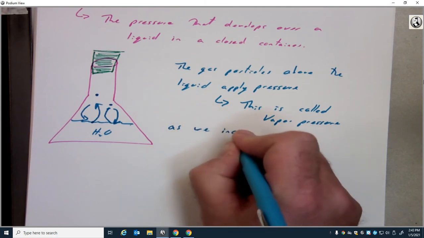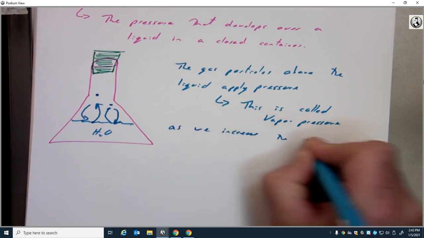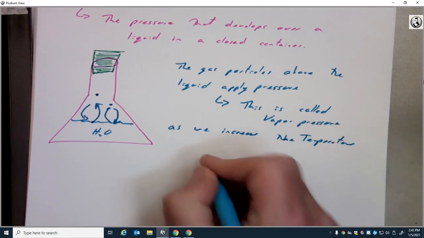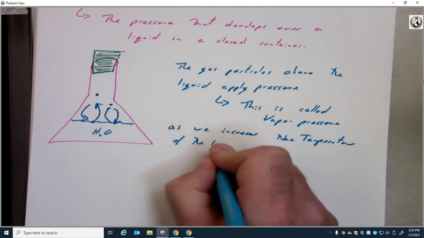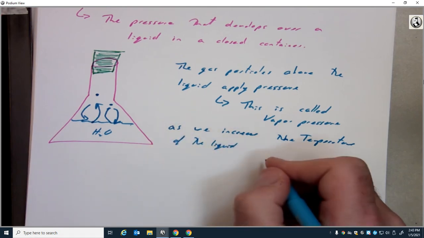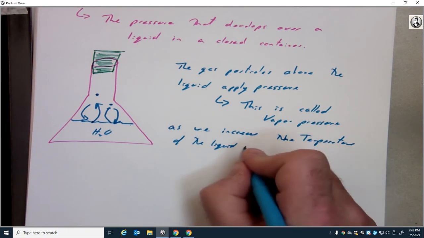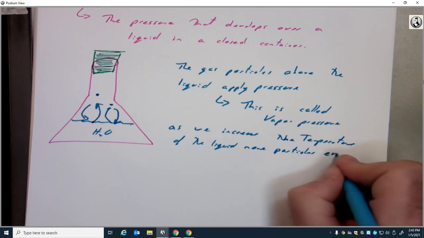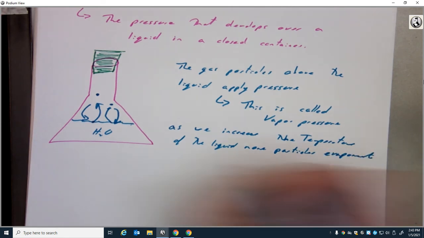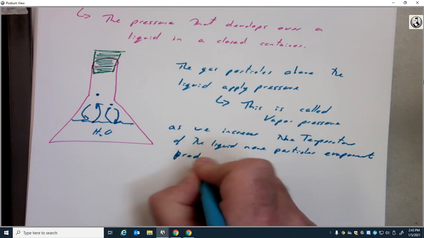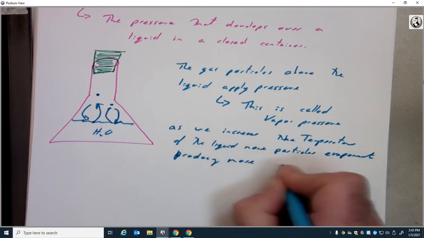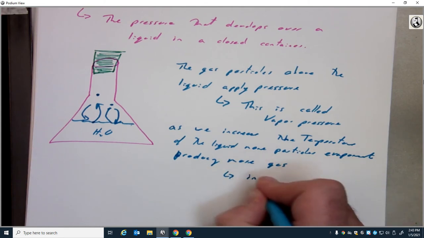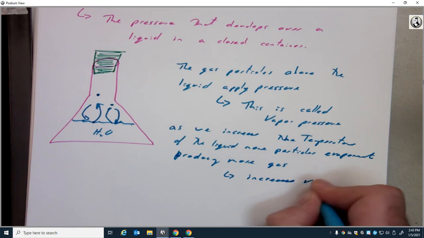As we increase the temperature of the liquid, more particles evaporate, producing more gas, which increases vapor pressure.